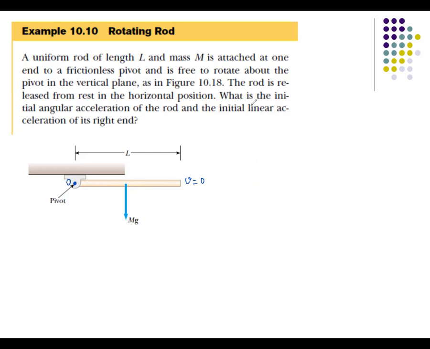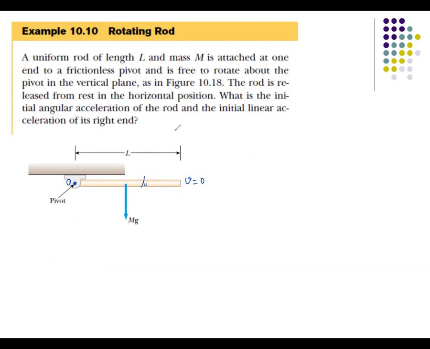What is the initial position? Okay, this is the initial position. Maybe the final position will be here or here, at any position. But I talk just about the initial position at this point.